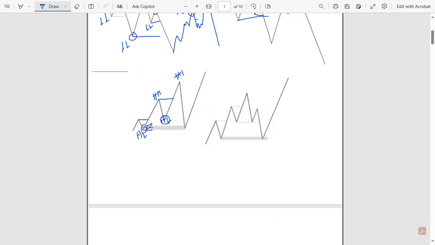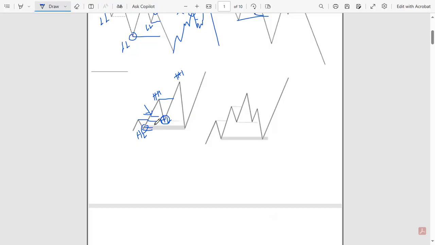We have an unmitigated bullish order block, and we may also have some form of imbalance at this area, a fair value gap, which always acts as the sign of price creating some form of inducement. Why am I saying that?